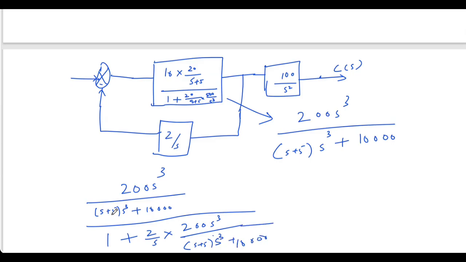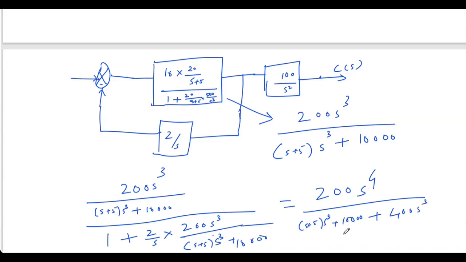So I'll have to multiply numerator and denominator by this S into this. So if I multiply it, I'll get 200 S power 4 divided by S plus 5 into S cube plus 10,000 plus 2 into 200 is 400, 400 S cube.